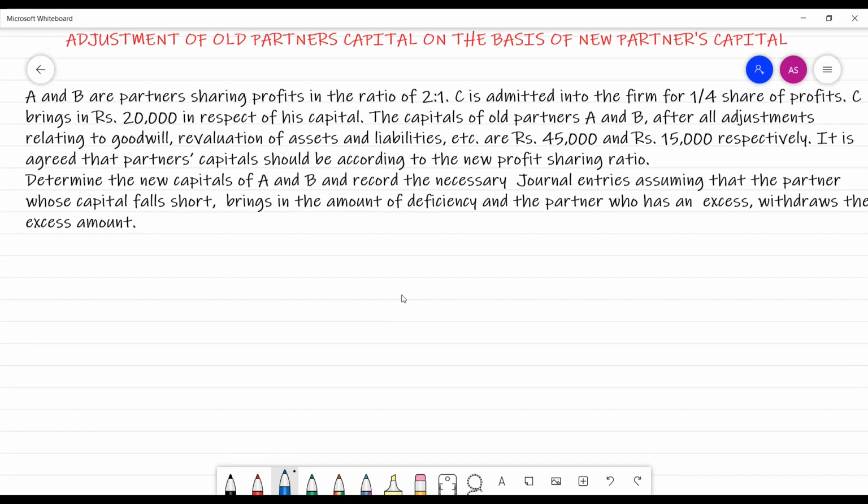A and B are old partners and their ratio is 2:1. C is admitted for 1/4 share. Let's assume the firm's share is 1.